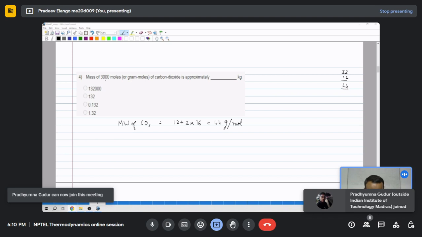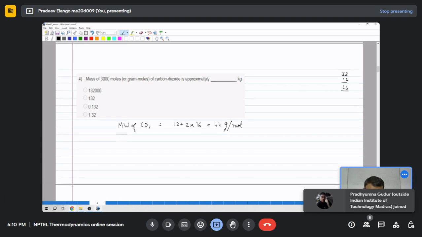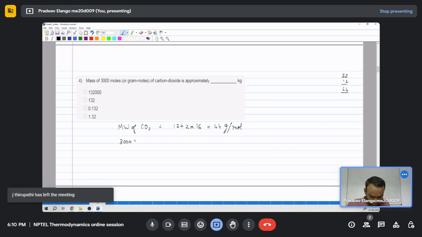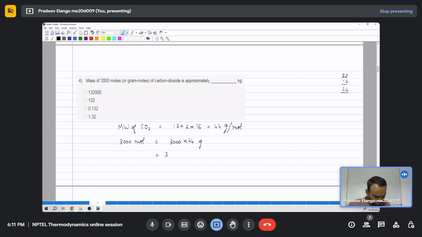And now we have 3000 moles, then we can find 3000 into 44 grams. So if you convert to kilogram, you will have 3 into 44 kg, and that is 132 kg. Do you have any doubts in this?